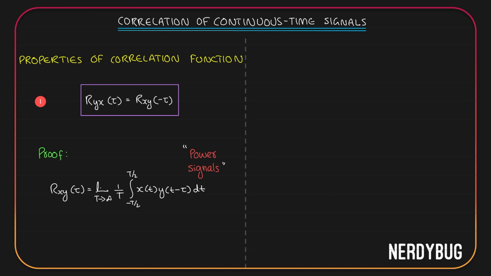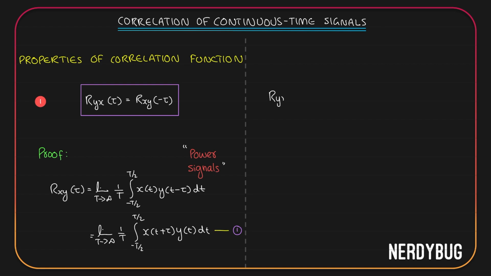We can keep y of t intact and shift x of t towards the left. So this can be written as limit t tends to infinity 1 by t integral from minus t by 2 to t by 2 x of t plus tau y of t dt. This will be our equation number 1.